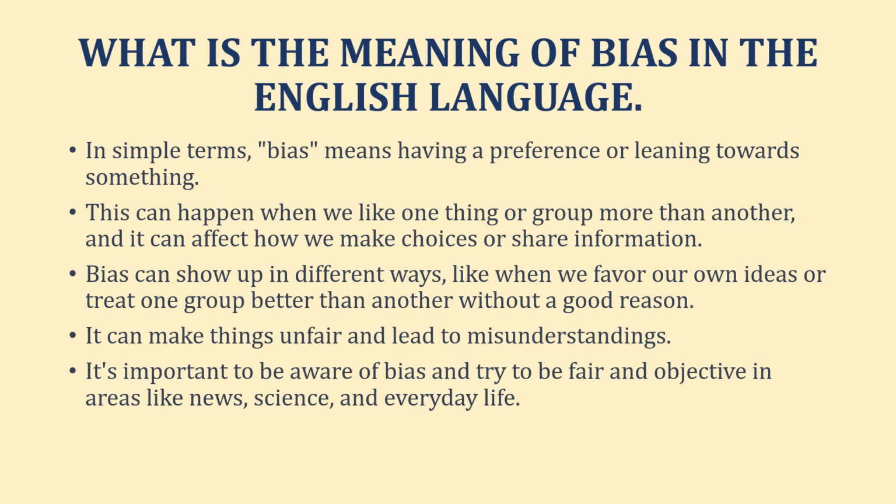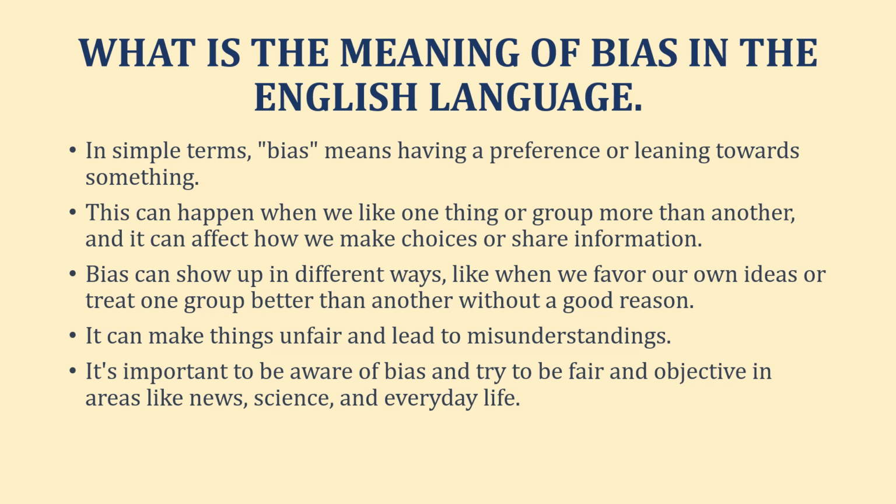In simple terms, bias means having a preference or a leaning towards something or some person. This can happen when we like one thing or group more than another, and it can affect how we make choices or share information.